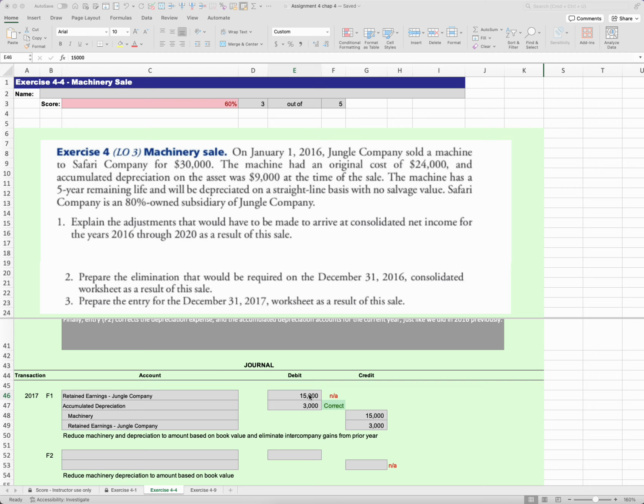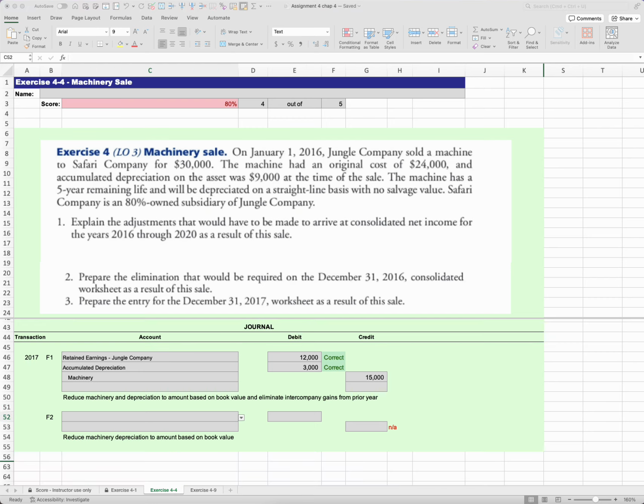However, because the gain was a temporary account and it's no longer there, and it increased retained earnings, we just go ahead and simply reduce retained earnings instead of reducing gains, because ultimately they're both connected and one impacts the other. So instead of reducing gain, here we're going to go ahead and just reduce retained earnings for Jungle.